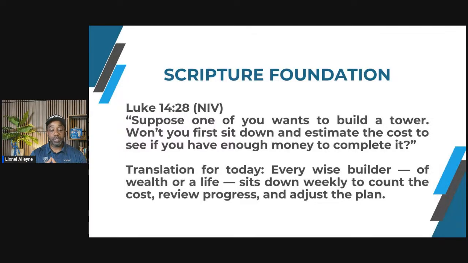Every wise builder, whether of wealth or of your life, first needs to sit down regularly and weekly, take stock of where you are, and, as the scripture says, count the cost to either live your life or to carry out the goals and plans that you have for yourself. So again, it's about consistency. It's having this meeting with yourself every single week so you can determine if you have the budget to do the things you're planning.